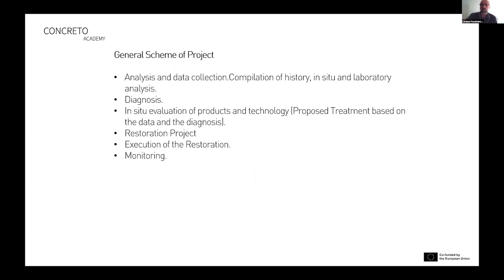Mostly it is the same all the way. The first part is the analysis of what you have, all the data. You need to take, in our case, samples and take them to the laboratory. With the samples taken, I'll explain the samples and the in situ testing. We can do a diagnosis.